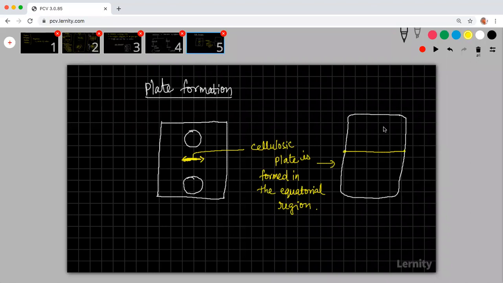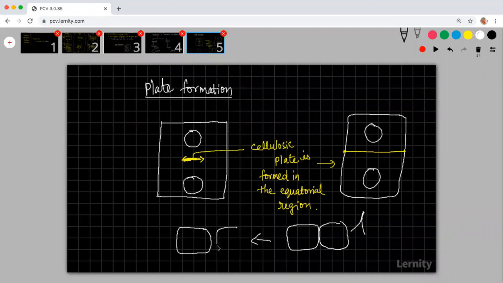The moment it meets here, the cell will divide into two cells, and this is where the cell plate is. So it will divide into the two cells.